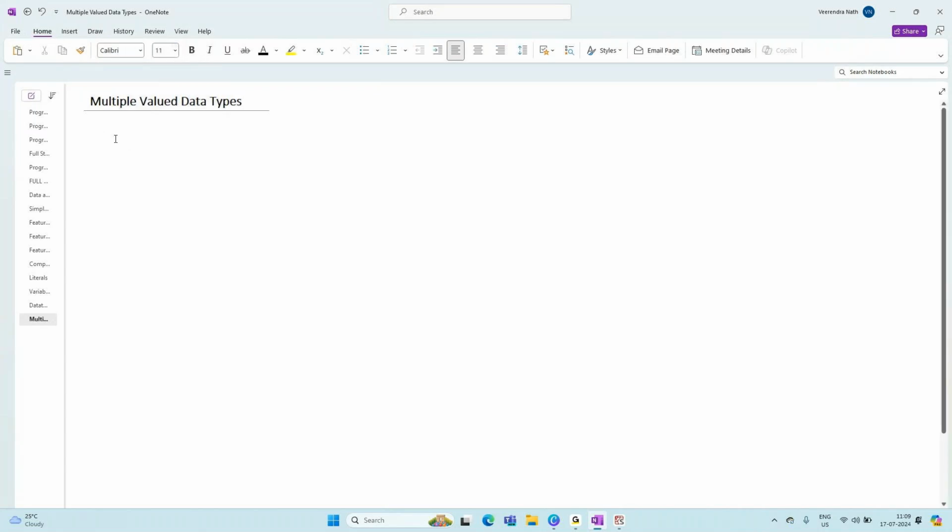Sequential category, binary category, next set category, next map category. So there are four: sequential, binary, set, map. So first sequential. Okay. So under sequential, what all you have?